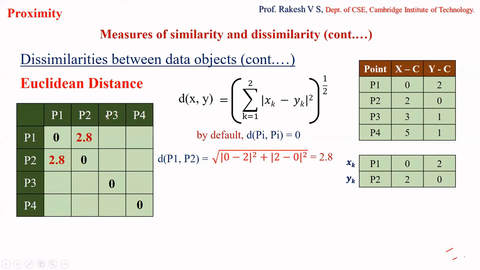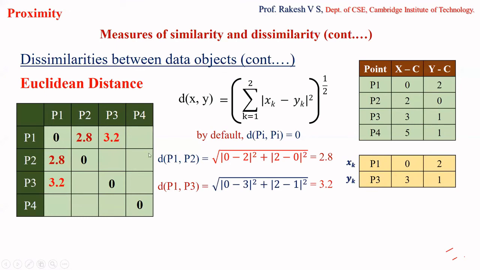Now let us find P1, P3. The table for that is 0, 2 and 3, 1. So it will be the square root of (0 minus 3) whole square plus (2 minus 1) whole square, which is nothing but 3.2. I can write it here as well as here, on either side of the principal diagonal. As 3.16, I have rounded it off to 3.2.